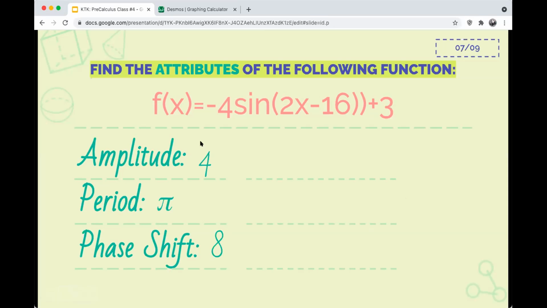We have amplitude is 4 because the absolute value of -4. The period is pi because we have 2 pi over 2, which is pi, and phase shift, which in this case would be negative of -18, negative of -18 by 2, which would be 9, just positive 9.